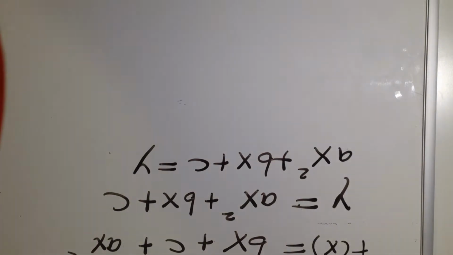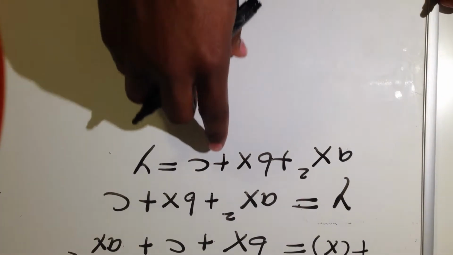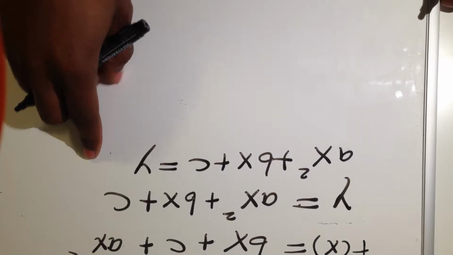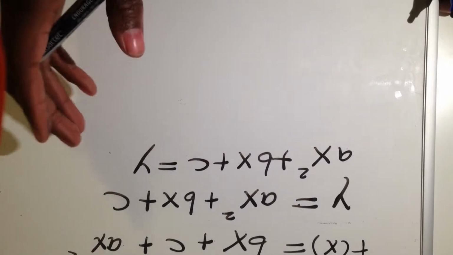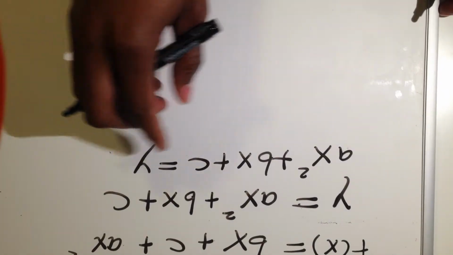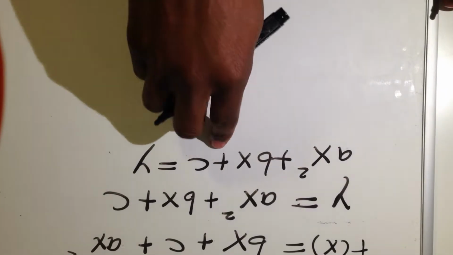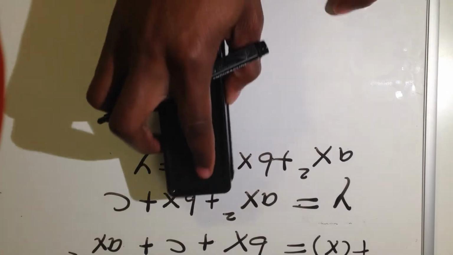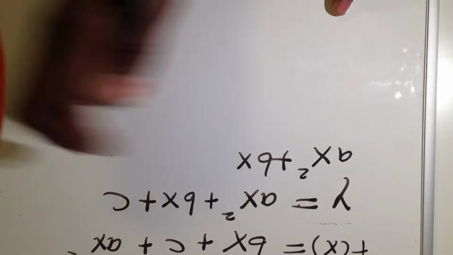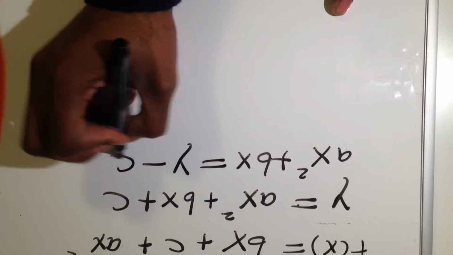All right. Your next step is to move the c over to the other side. So if c betrays the left side, it becomes a traitor, and if it's a traitor, it becomes negative. If c was negative, it will be positive, but since it's positive, it's going to be negative. So now c is going to betray one side, and it's going to become negative.